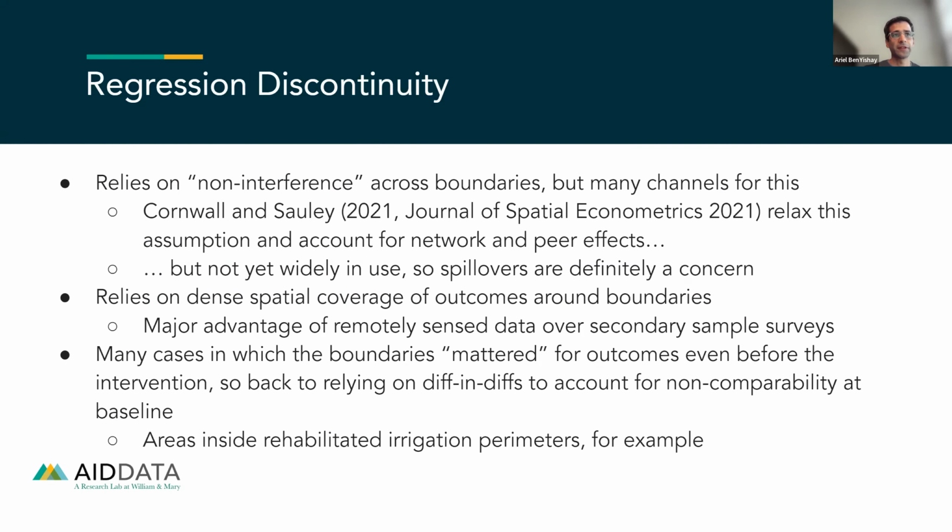We'll say some things to think about. Again, as with all designs, this relies on non-interference across the boundaries, so no spillovers, but there are many channels through which this might happen. For example, in the Baragwanath and Bayi paper we just looked at, there's certainly the potential for spillovers to happen across the boundaries of the lands of these indigenous groups.